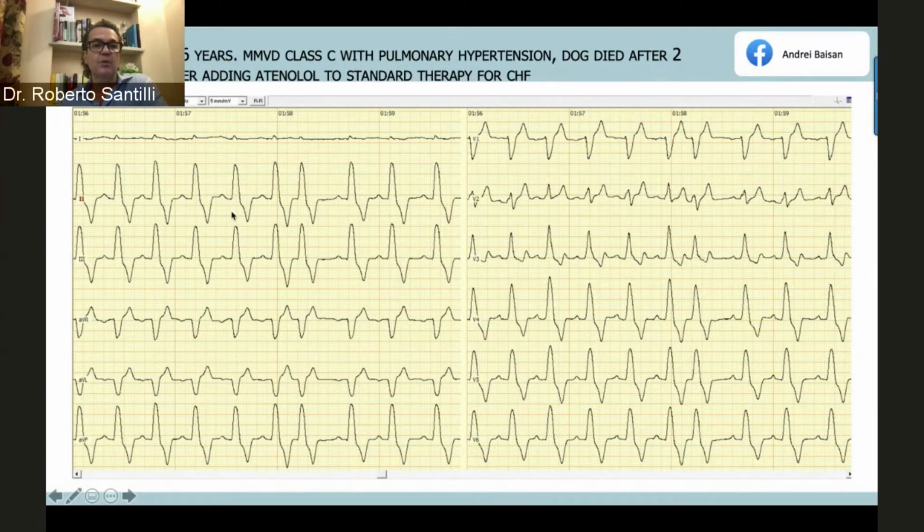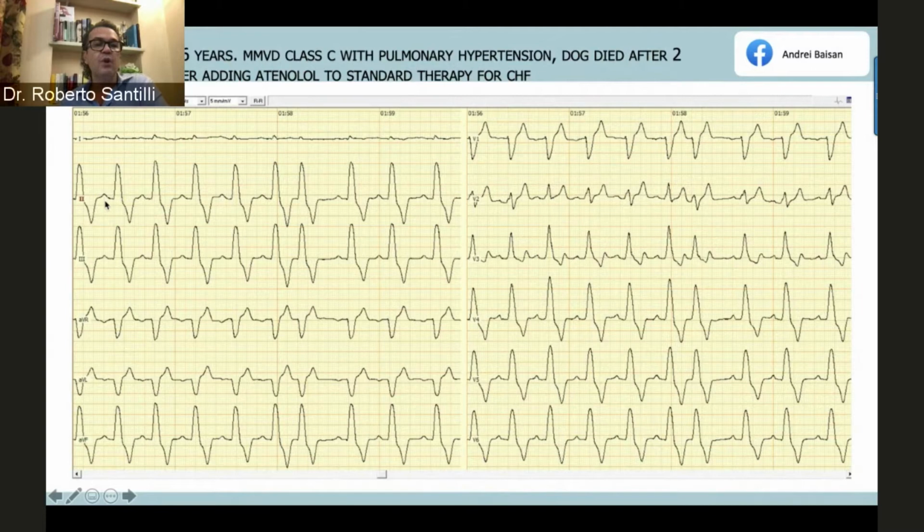Is this anatomical or is this aberrancy? Aberrancy, you have to remember, is considered a bundle branch block due to a change in the rate. And this is not the case, because in a long RR and in a short RR, you have the same morphology.